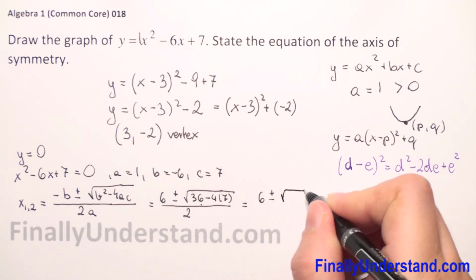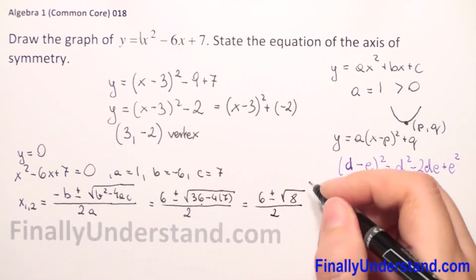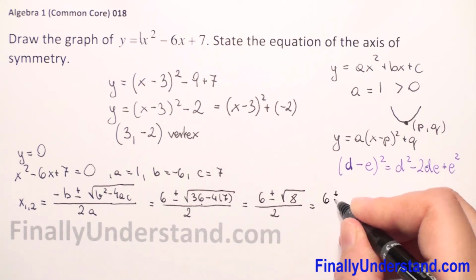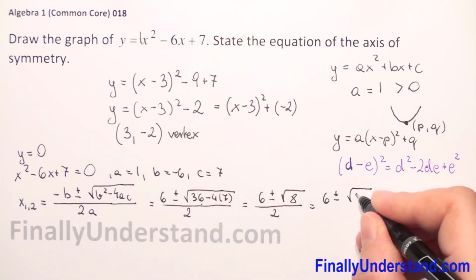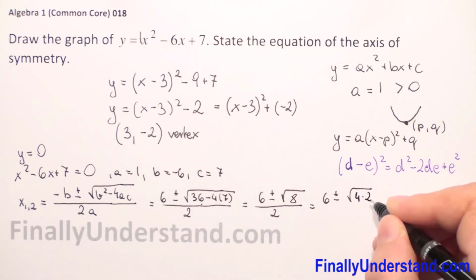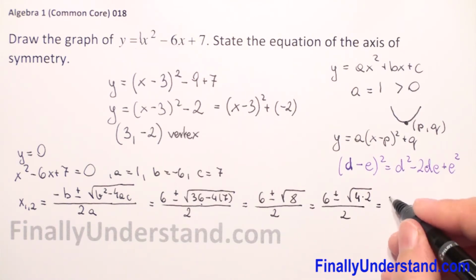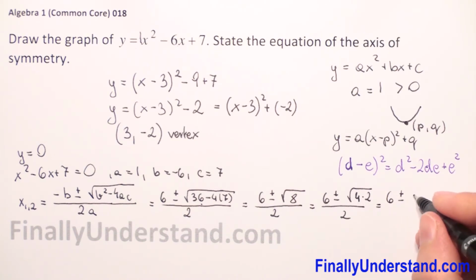So we will have the square root of 8 over 2. We can rewrite this as 6 plus minus the square root of 8, so we can rewrite that as 4 times 2 under the square root, over 2. So this is 6 plus minus the square root of 4, which is 2, and the square root of 2 we will copy.